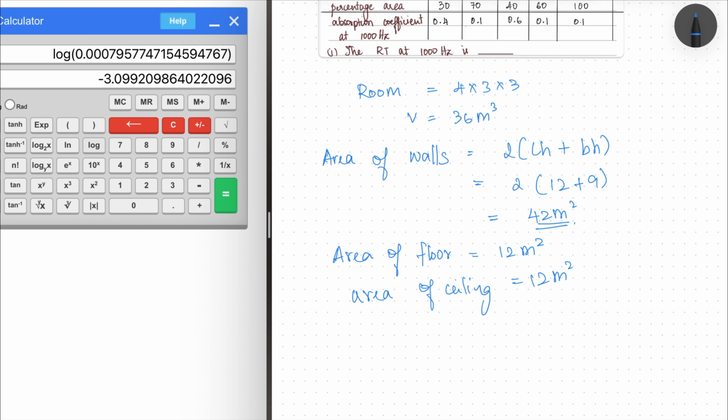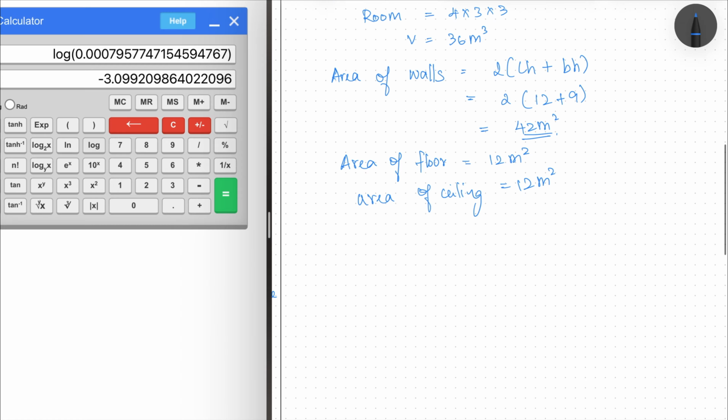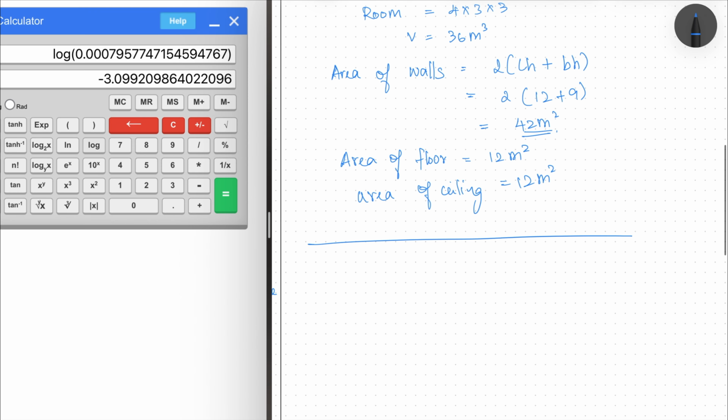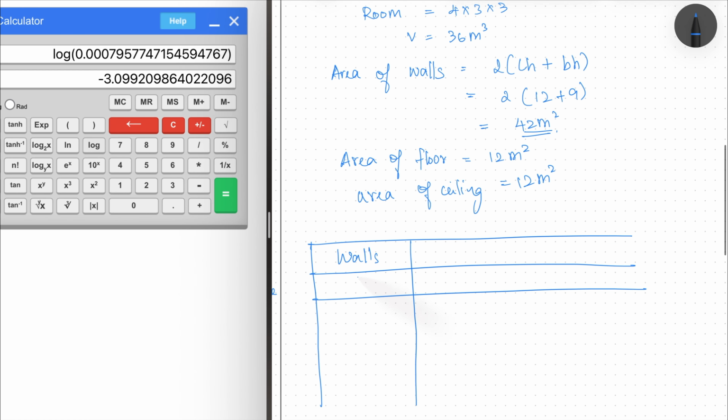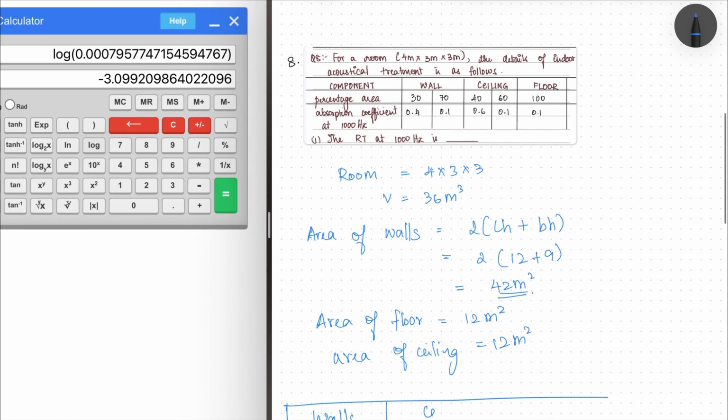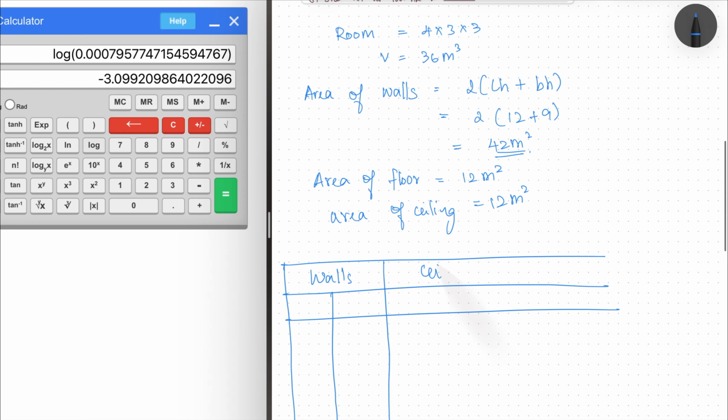Now let's redraw this tabulation so that it's easy for us. So this is your walls, your ceiling, and your floor.